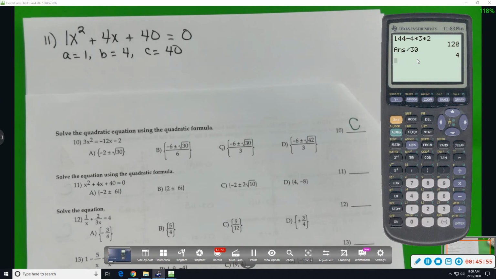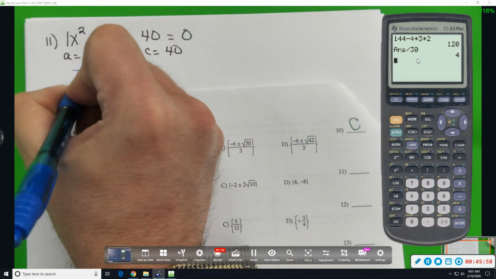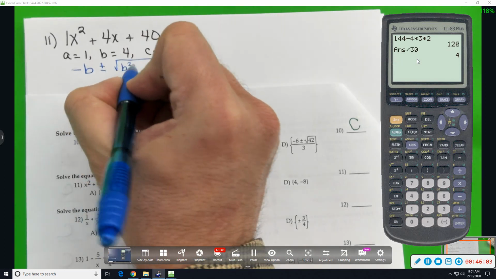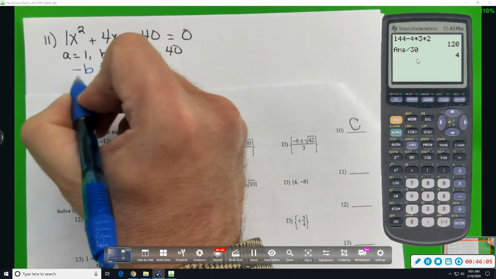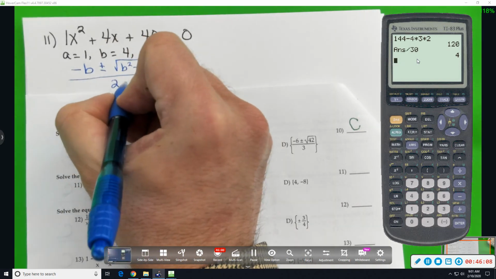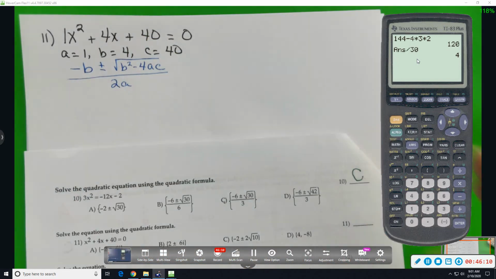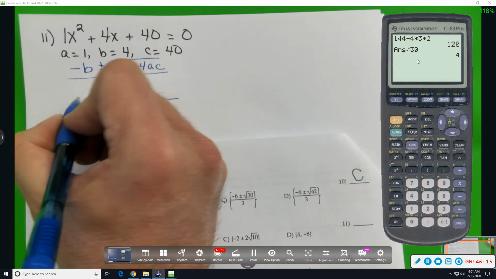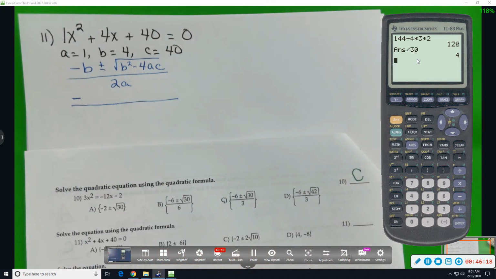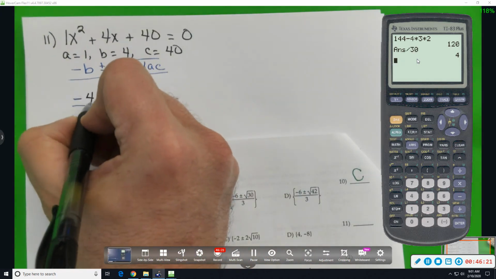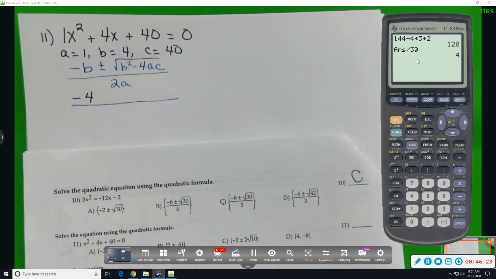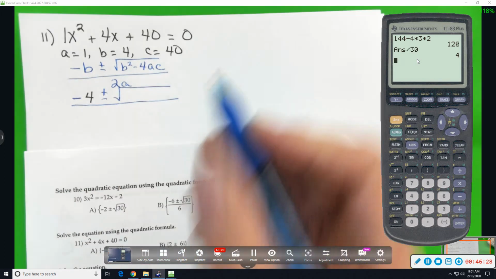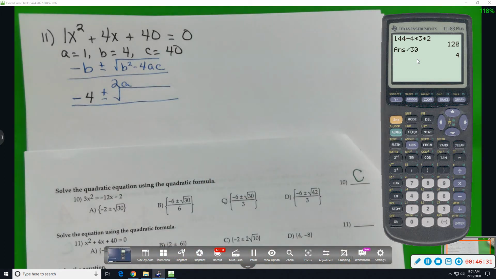I'll write down the quadratic formula. Negative b plus minus the square root of b squared minus 4ac all over 2a. Now we'll start plugging in here. Negative b plus minus square root of b squared.